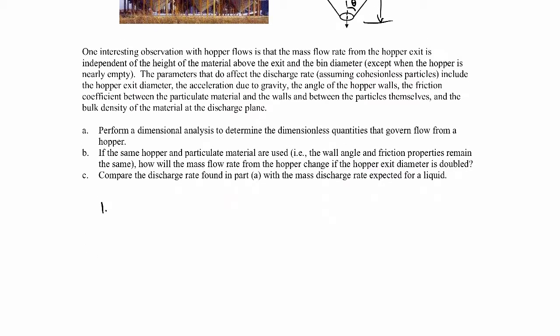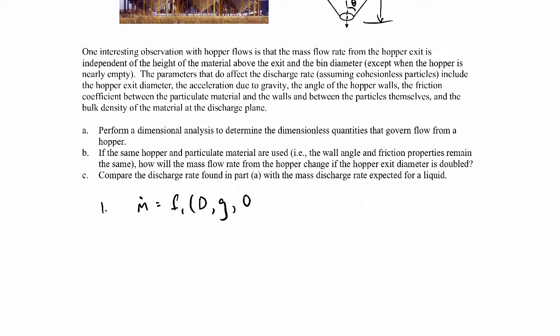Step 1, we're told that the mass flow rate for this hopper is a function of the list given here. The hopper exit diameter, we'll call capital D. The acceleration due to gravity, g.